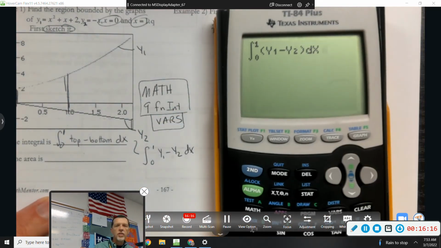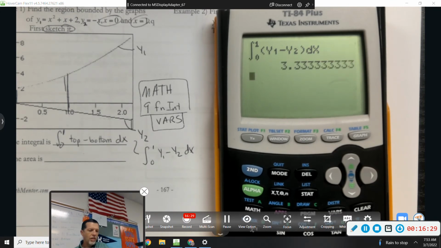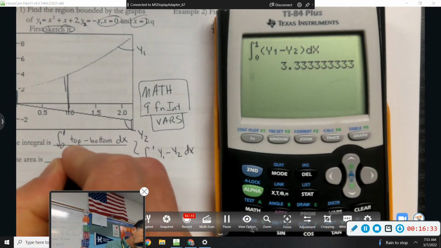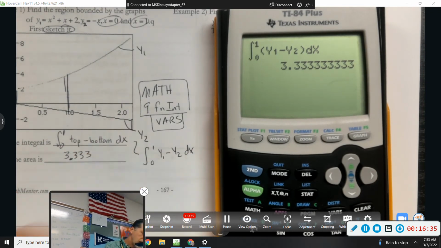So Math 9 gets you the integral, and then vars gets you y1 and y2, assuming you've put them in for y1 and y2, which you probably have to look at the graph. And then your calculator thinks for a little bit, and it gives you the answer. So computation for this unit is minimal, because your calculator is going to do all the computation.